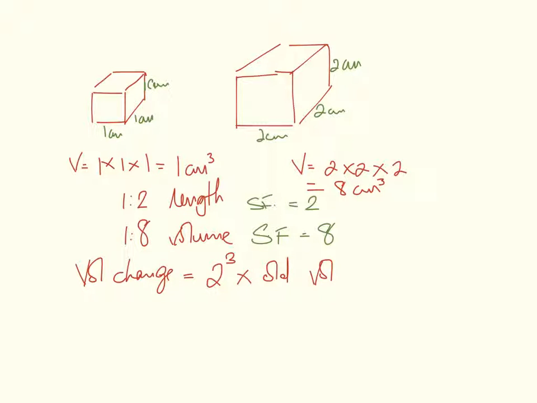So that now means it's going to be 8 times whatever the old volume is. And that's pretty much it, and you work it out exactly the same way as the area. Let's look at an example.